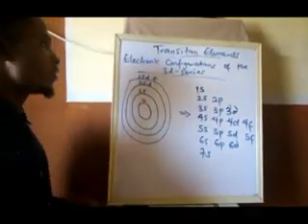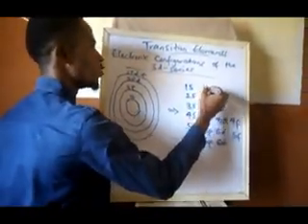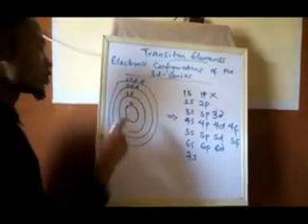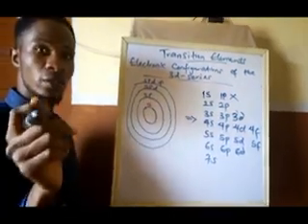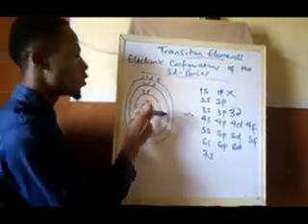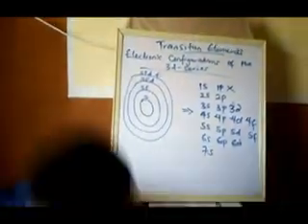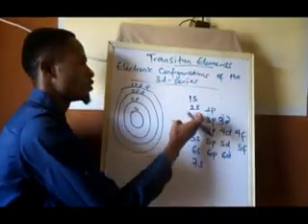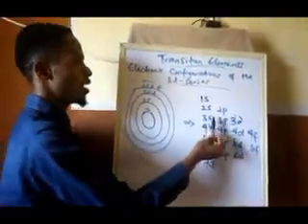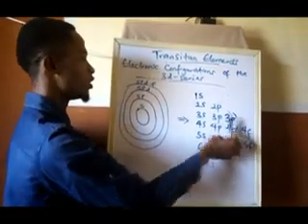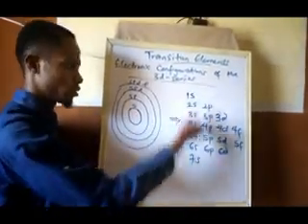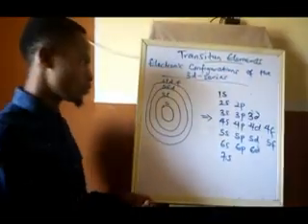Writing 1P here will be very wrong, because there is no P orbital in the first shell. We have 1S, 2S, 2P, S in the third shell, P in the third shell, D in the third shell. This is it, and so on.